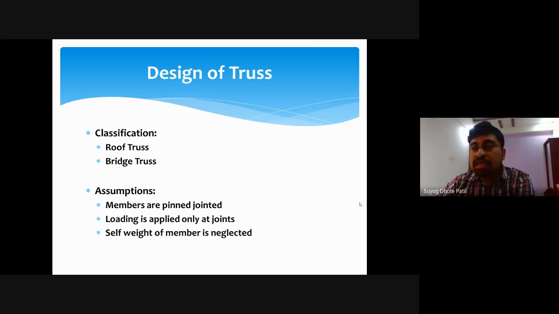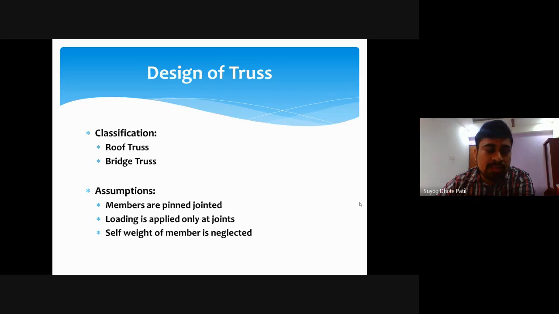The second type, the bridge truss, is used from a transportation point of view. A bridge truss may be constructed for roadways, for railways, etc.